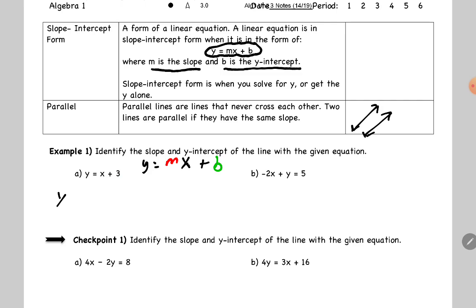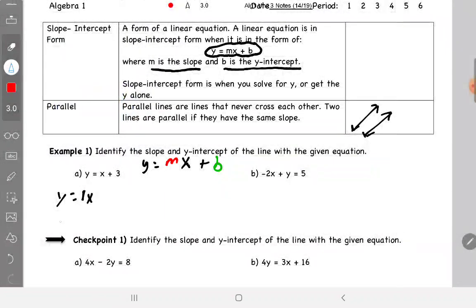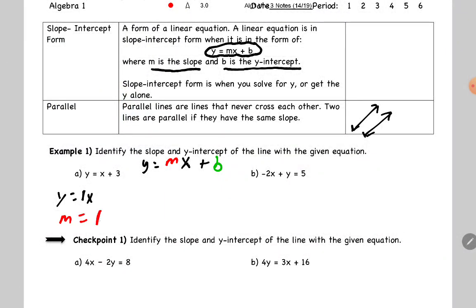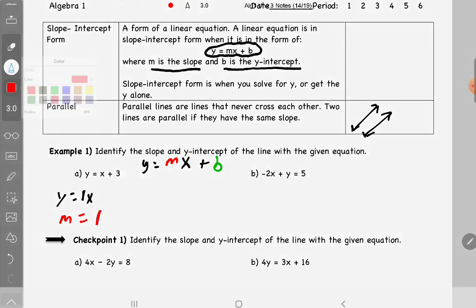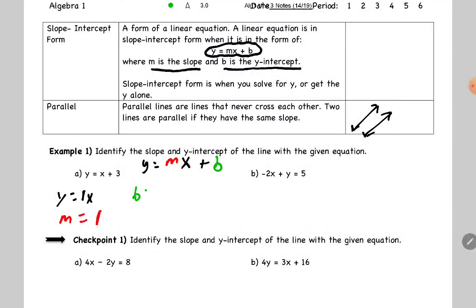So if x wasn't there, then our slope would be 0. So our slope, in this case, is 1 times x, so m in this case is 1, and then our y-intercept, where it crosses the y-axis, is 3.